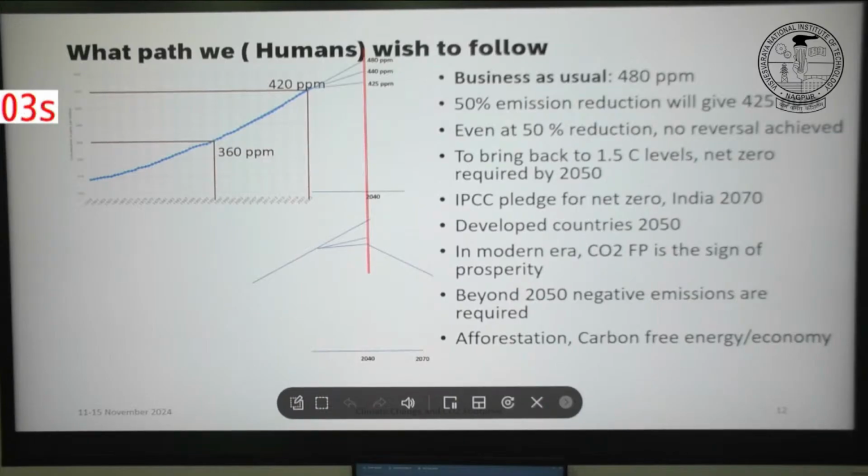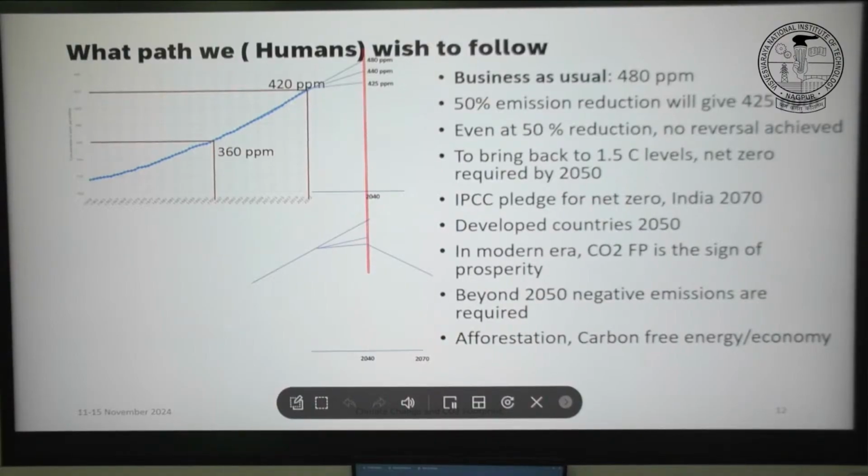Who has created the mess should have the most responsibility to clean it up. They have to lead from the front. They have to take more responsibility, and they have to do the majority of cleaning up. So they have pledged that they will go net zero, meaning they will go from coal up to zero carbon energy sources. With this it will be net zero for them by 2050.